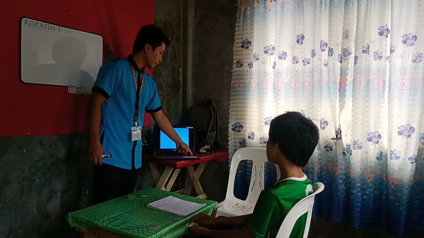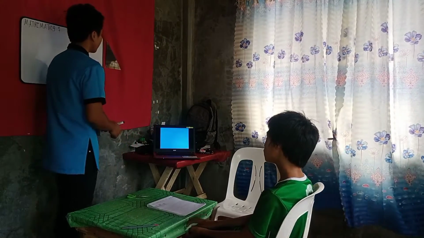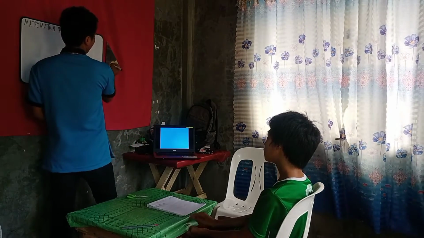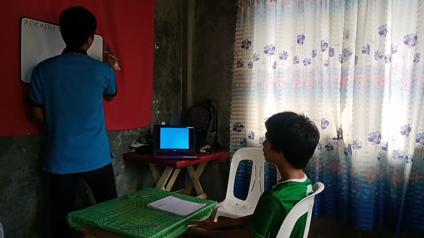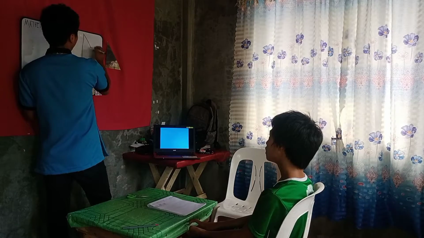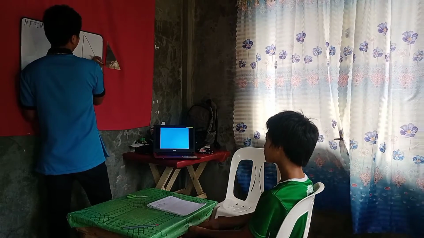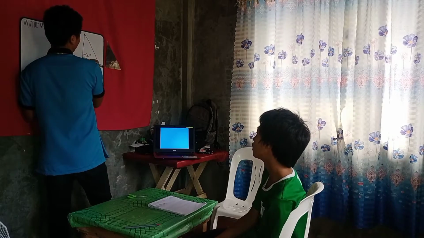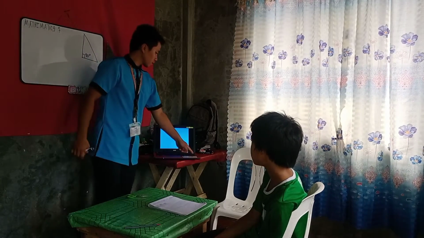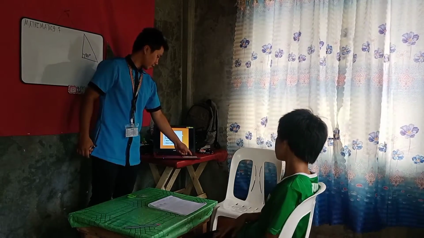So, ano nga ba si right triangle? Pag may right triangle, ano yung angle niya? 90. So, meaning to say, a right triangle has a right angle also. Okay?